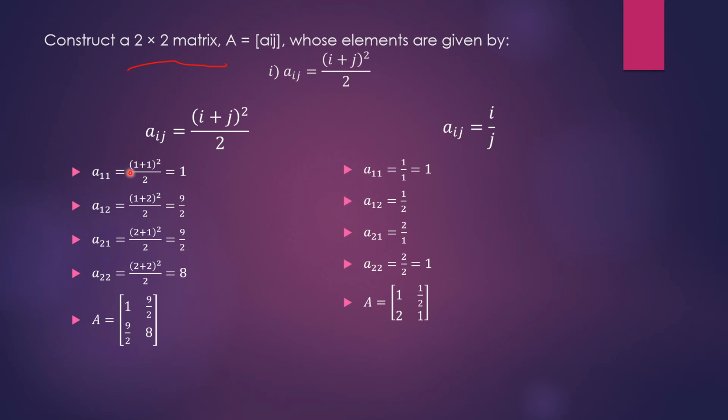So A11 will be formed by i plus j. So i is 1, j is 1. So 1 plus 1, the whole square by 2. The answer comes out to be 1. A12 will be (1 plus 2) the whole square by 2. Then A21 will be (2 plus 1) the whole square by 2. A22 will be (2 plus 2) the whole square by 2. So the first element will be written here. A12 means first row, second column. It will be written here. 21 means second row, first column. 22, second row, second column. Similarly, we'll solve this and we'll check whether you're getting the same answer or not.